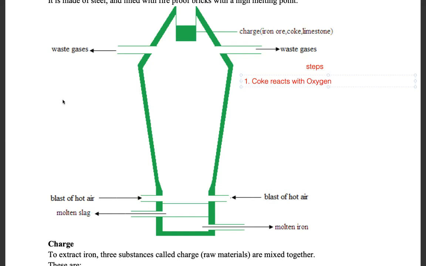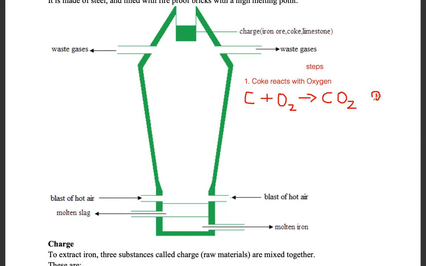Allow me to ask for forgiveness. The first thing is carbon, which reacts with oxygen. What is formed is carbon dioxide. Remember, we are saying the method is reduction by carbon. So we need a substance which is going to make the reduction process possible. This is the first reaction.